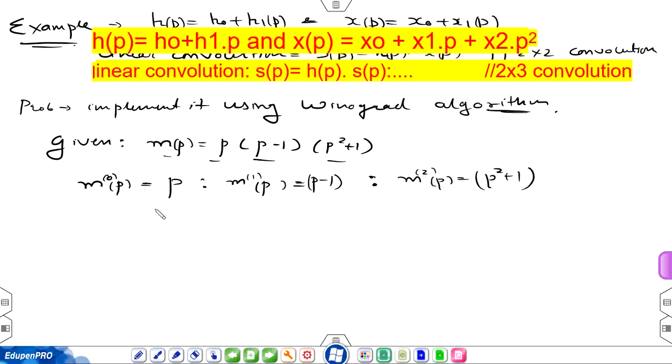So you can notice that all are relatively prime. Okay, so this was the first step, determining the values of moduli, and it is already given, so we don't have to compute it.